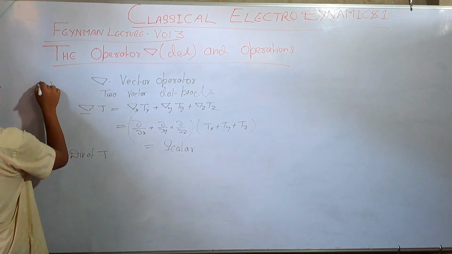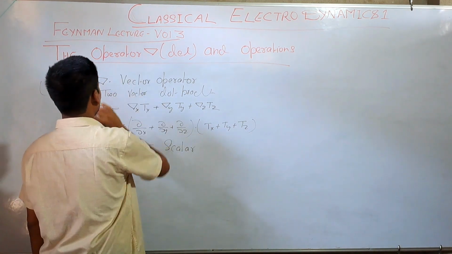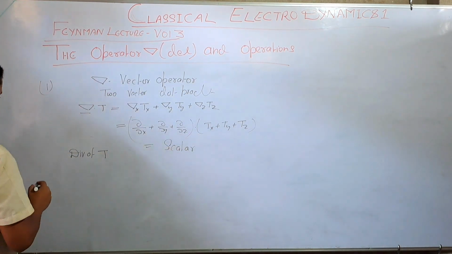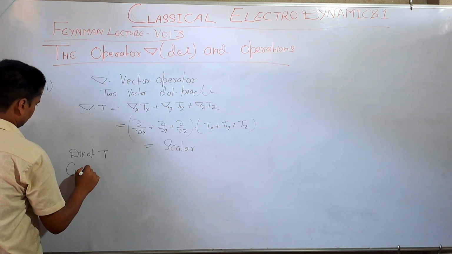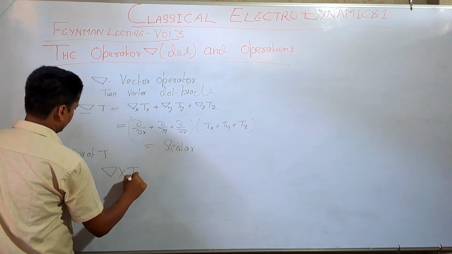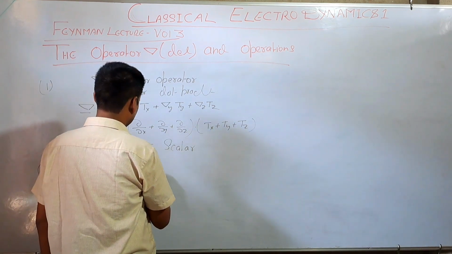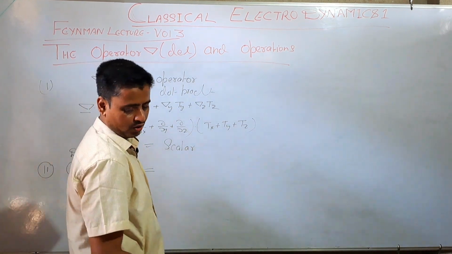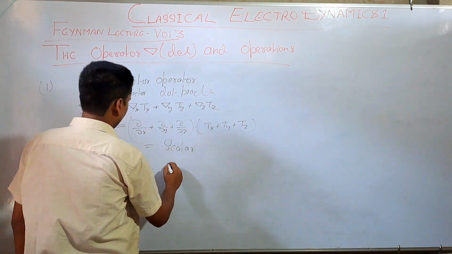This is the first operation. We can perform some operations with the help of the operator. The second operation is curl. Del cross T, and it tells about the rotation of the field. And it is also a vector.